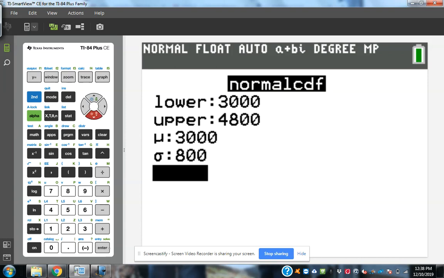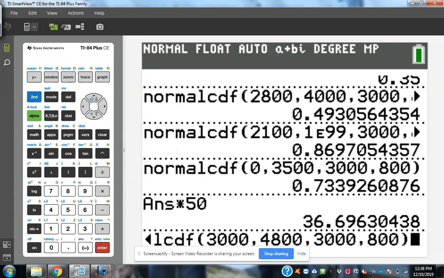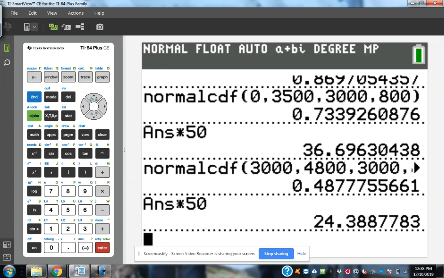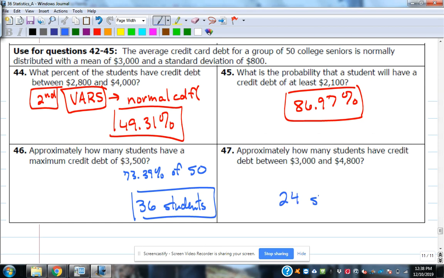Everything else is the same. 48.78% times 50 students in our study. So that'd be 24 students have debt between those two numbers.